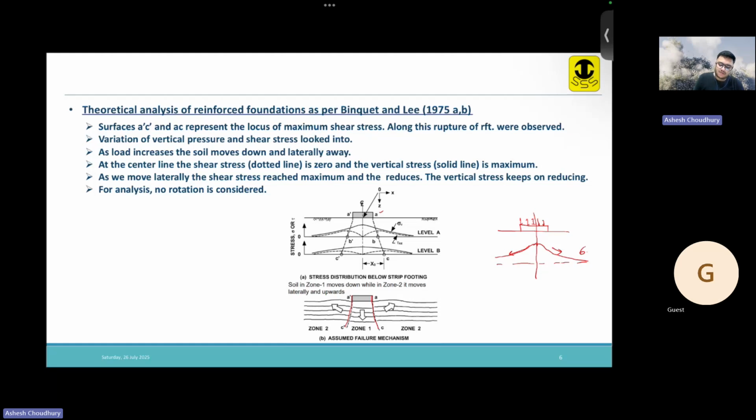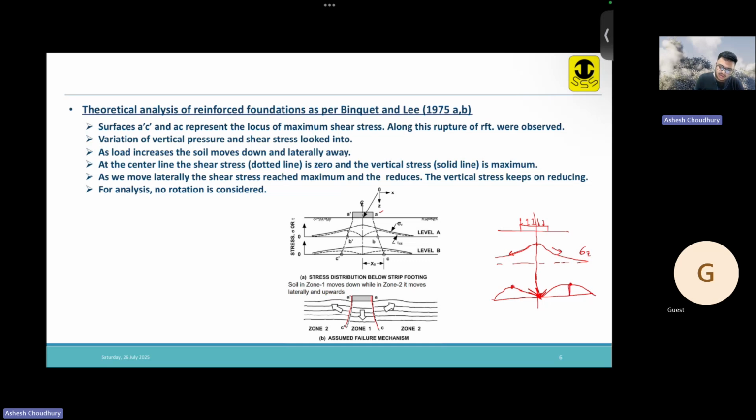So this is the vertical stress variation. And what happens to the shear stress distribution? The shear stress is something like this. It is minimum at the center, and it is maximum at some point beside the center.